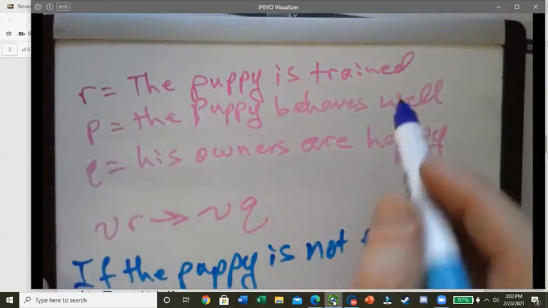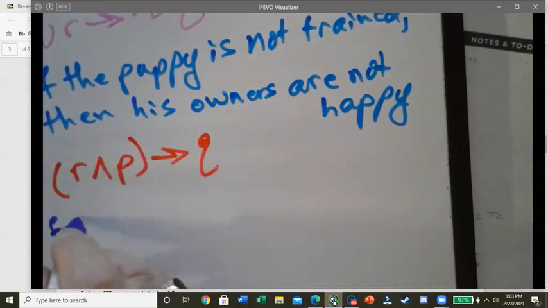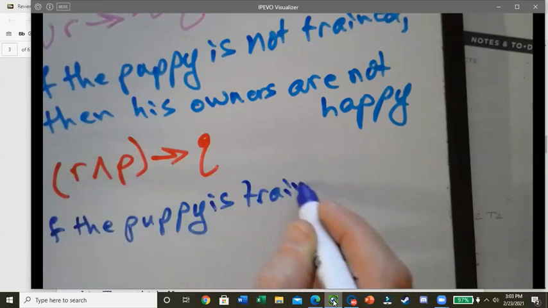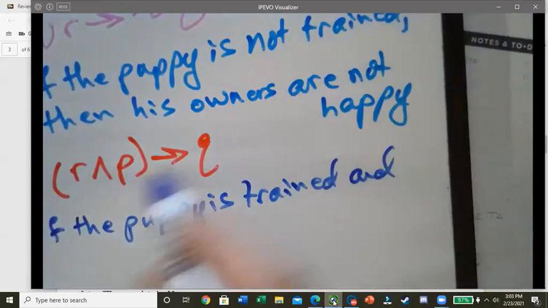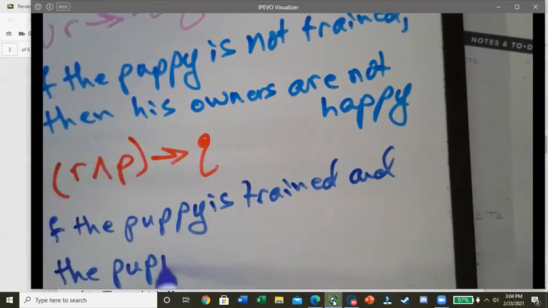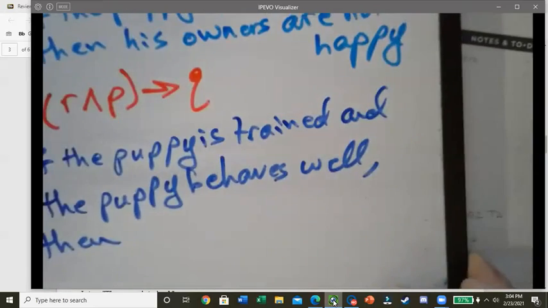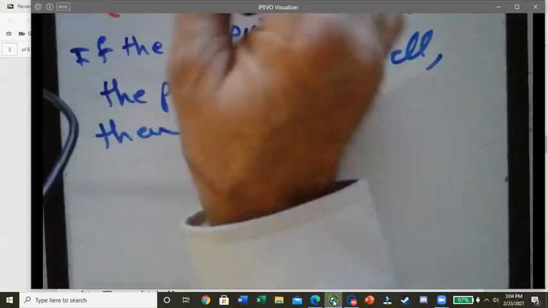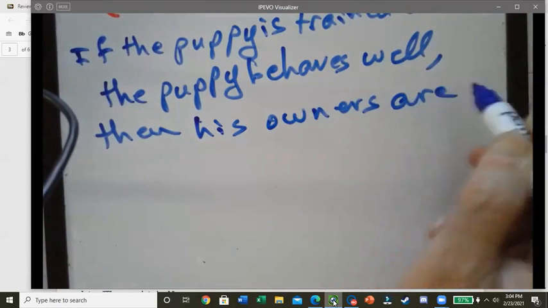R is if the puppy is trained, and P is the puppy behaves well, comma, then Q is his owners are happy.